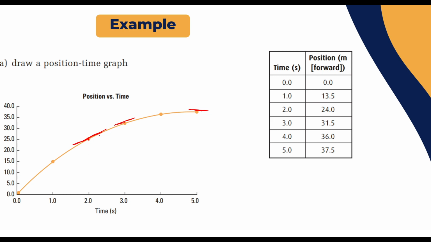At 2 seconds, the straight line was intersecting with a certain value on the y-axis and a certain value on the x-axis, and the same thing for the other side of the tangent. And you can use those with the velocity equation to find the velocity at that exact point.